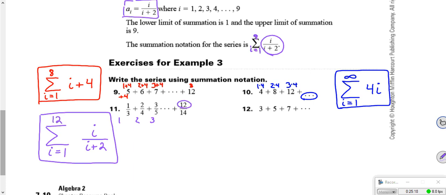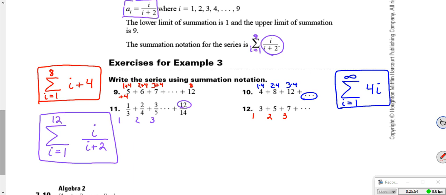Okay. Now, this next one, last one. Again, got to find the rule. So how do I get from 1 to 3? How do I get from 2 to 5? How do I get from 3 to 6? So if I'm thinking, okay, 2 times 1 plus 1, well, 2 times 1 plus 1 gives me 3. 2 times 2 plus 1 gets me 5.